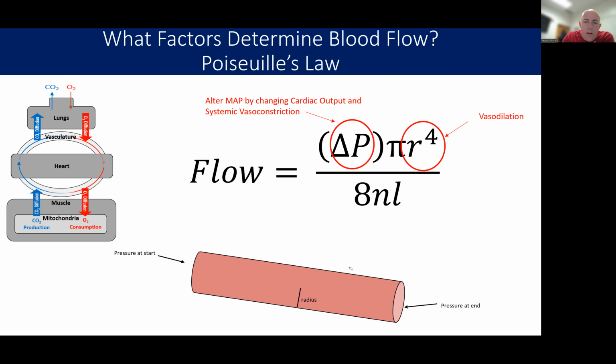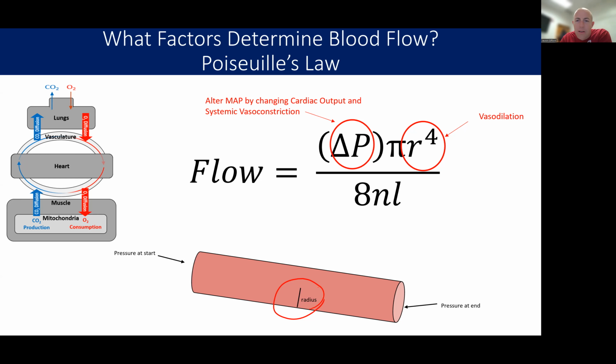Something that's even more influential is the radius of the tube that you're perfusing. So right here, the bigger the tube, the faster it goes. And what's impressive about this is that small changes in your radius will have really big influences on your blood flow. Because this is raised to the fourth power, a little change will cause a big change in flow.